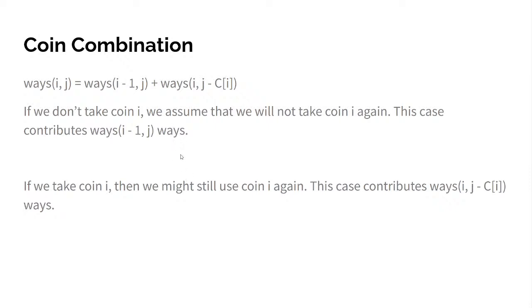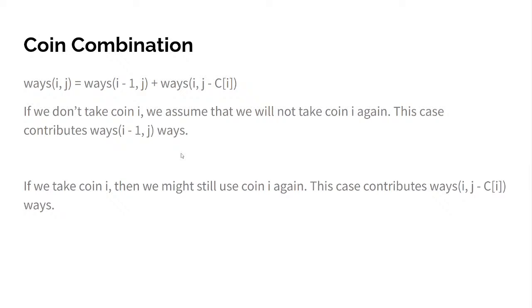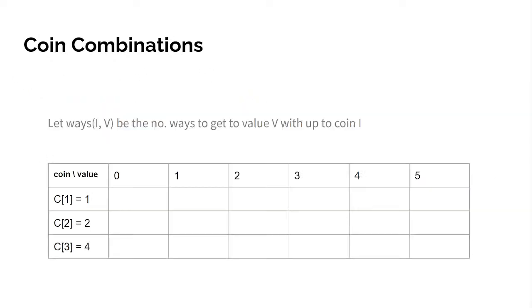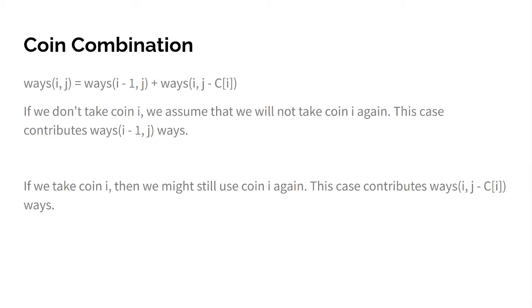So basically we can have either DP[i-1][j], which is how many ways we can get this with one less coin, the same value but with a restriction on the number of coins we have, or we could take coin number i, which is the second case where i is the same, but j becomes j minus the value of coin i.